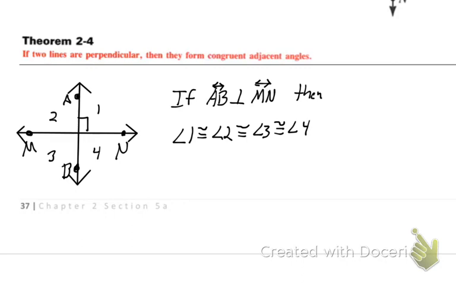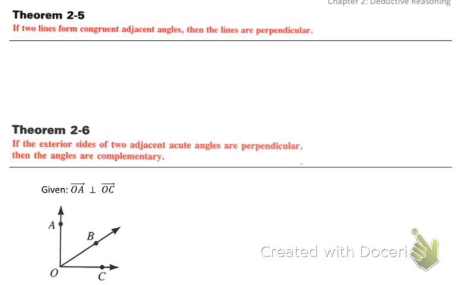Because the only way all 4 of these are the same size is if they're 90. Because if they're 91, 91 plus 91 would equal 182. Is a straight angle 182 degrees? No, it's not. So if all 4 of these angles are the same measure, they have to be 90 degrees. That's why that theorem works in both directions.